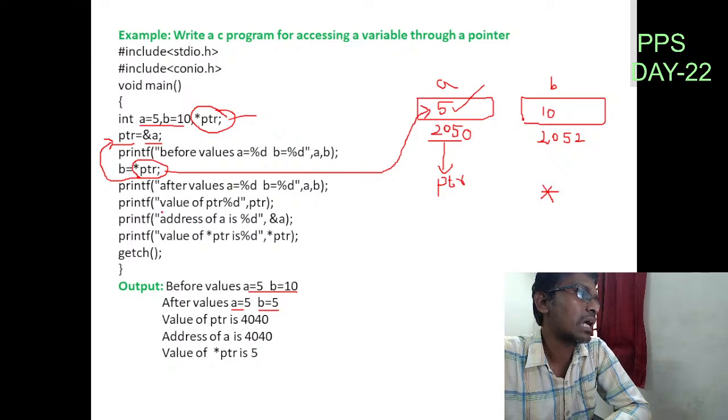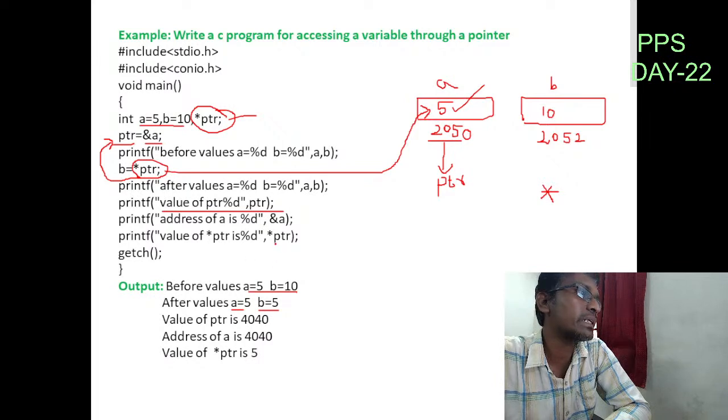Next I am going to display the value of PTR. What is the value of PTR here? It will display the memory address 2050. And the address of variable a will also be 2050.